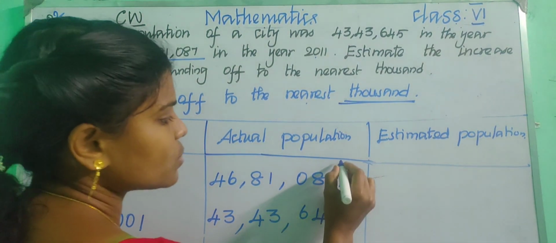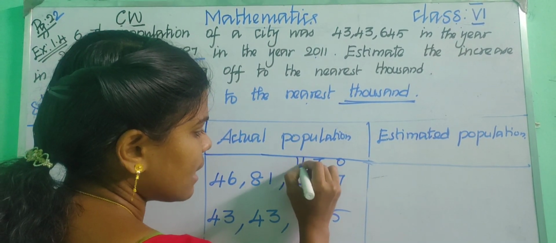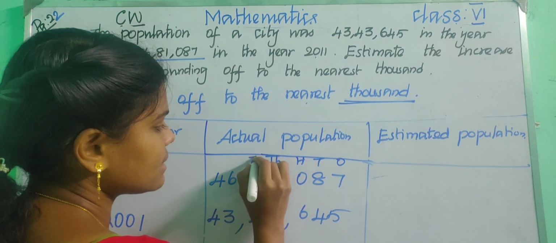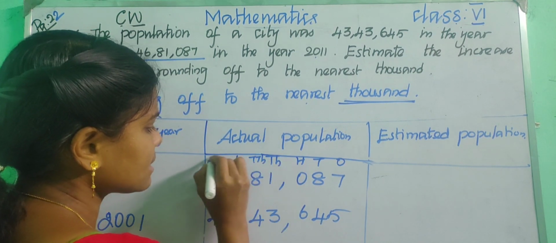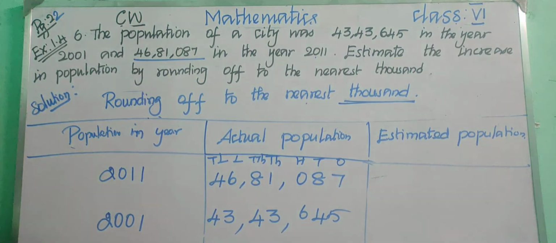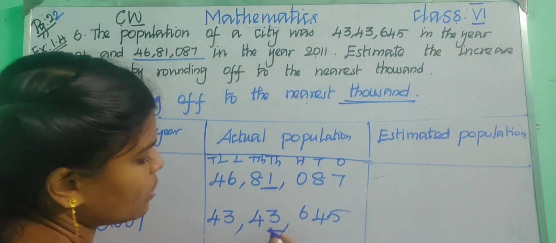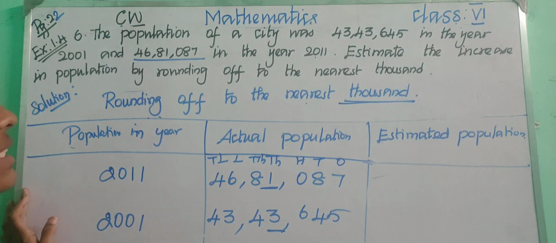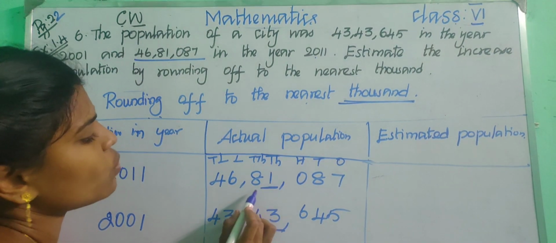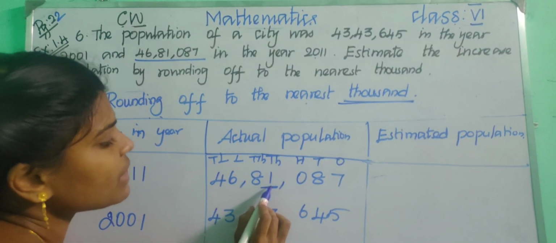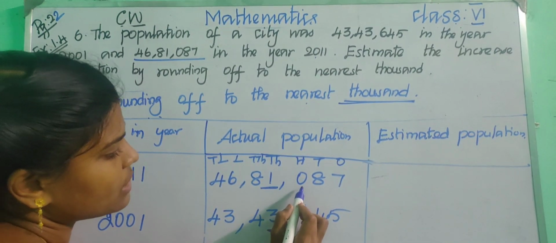So let us write the place values: ones, tens, hundreds, thousands, 10,000s, lakhs, 10 lakhs. Children, which is the thousands place? This one is the thousands place, and this one is the thousands place. If you are going to round off this place, what we need to do is check the number next to that. So 0.